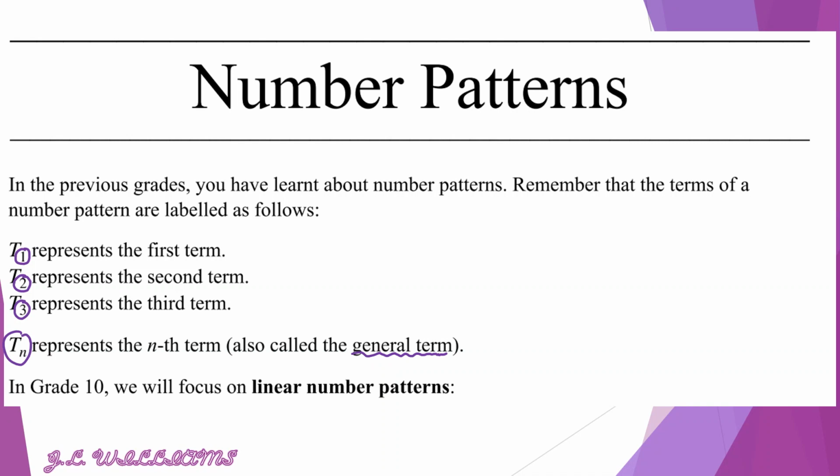So if you want to know what is the number that is in position 10, you would have to substitute 10 where you see n. What is the value of the term that is in position 10 in your sequence?